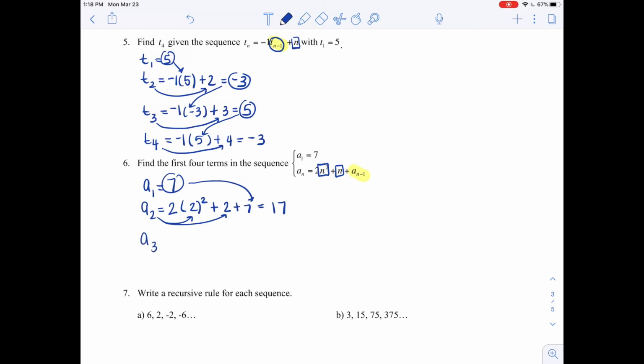When I simplify that, that comes out equal to 17. So for my third term, once again, it's 2 times whatever term I'm up to squared plus whatever term I'm up to plus my previous term, and this one comes out equal to 38.